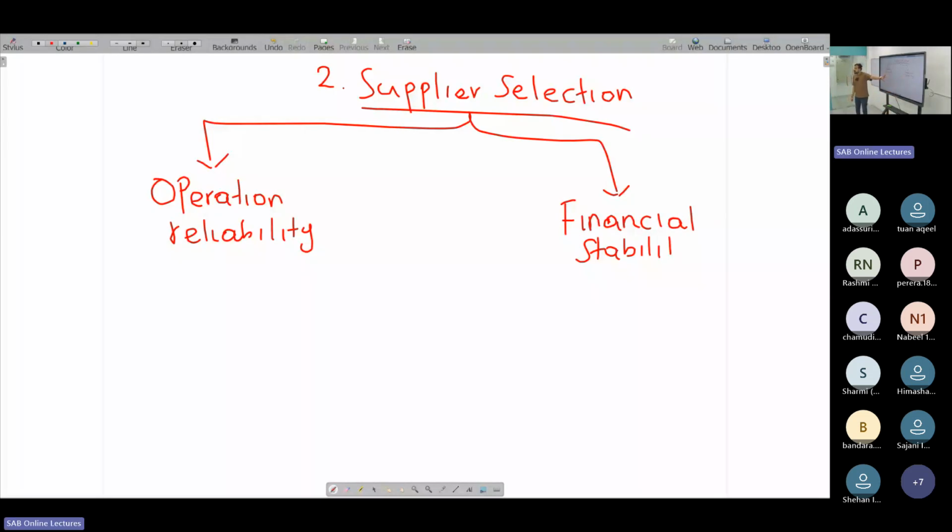Operation reliability. You should give quality products. Quality demand like one reason for that increasing quality.